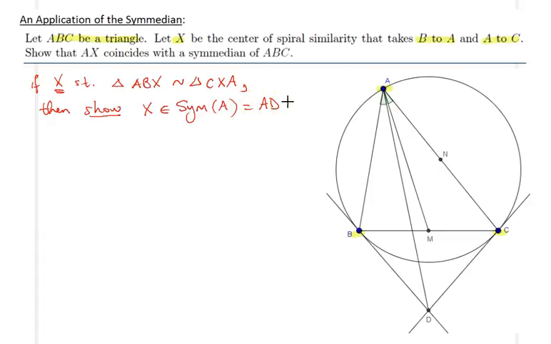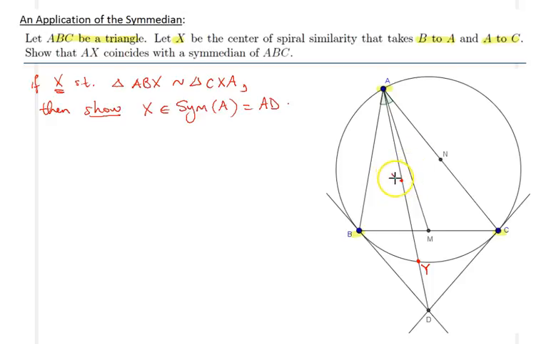Okay, so for this proof, I will first mark the point on the circumcircle of ABC intersecting with AD as Y. So that point here, let me mark it as Y, and I will further mark the midpoint of AY as X prime. So somewhere here probably. There you go.